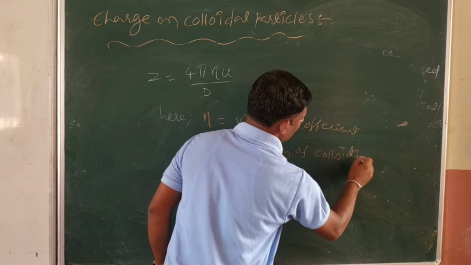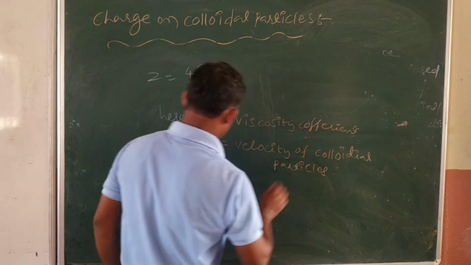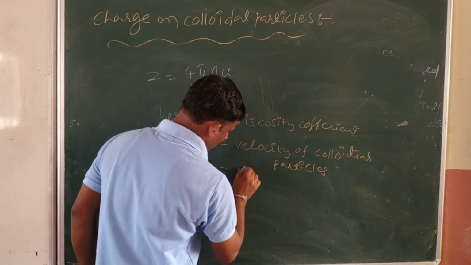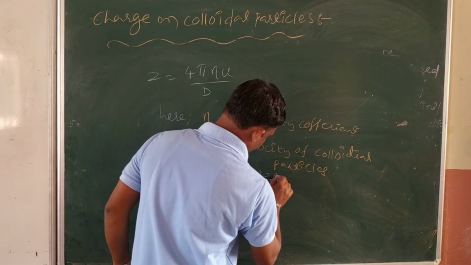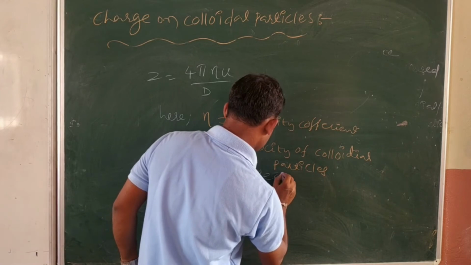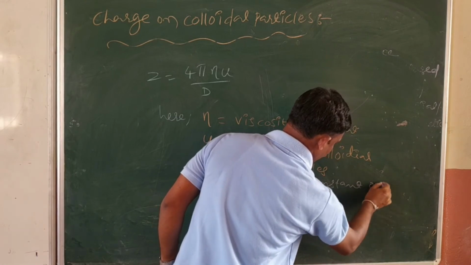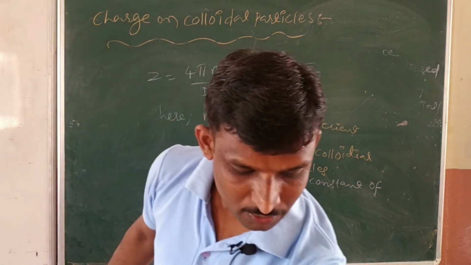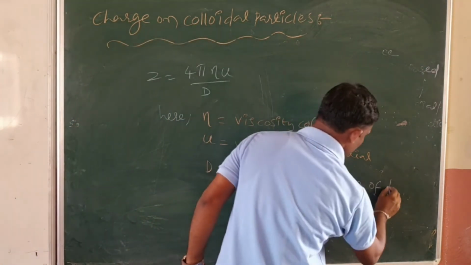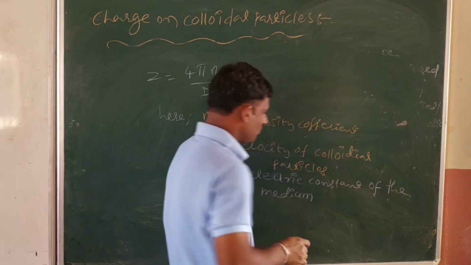D is the dielectric constant of the dispersion medium, or dispersion phase. We should know that one; that is nothing but the medium. This is a very important thing. I think you may have understood this.